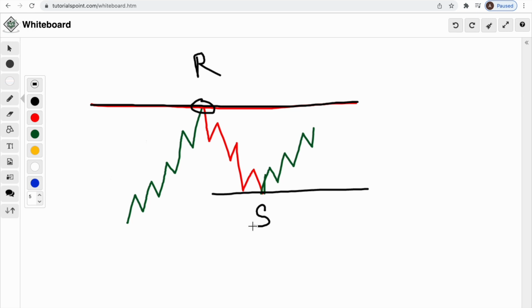And the price can take resistance almost twice at the same place. Again, it can come to this resistance area and start falling. There's a chance again the price can come to the support area and then start going up.